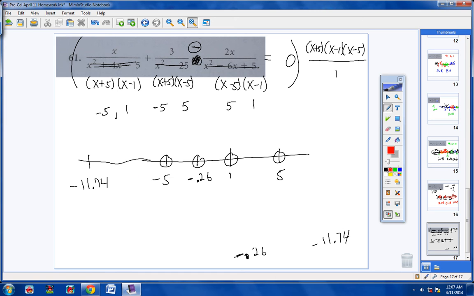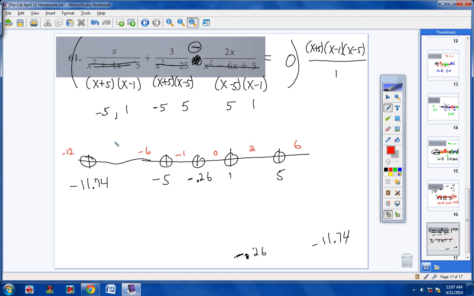All right, now I would test negative 12 for this region. I would test negative 6 for this region. I guess I should have put a circle right here. There we go. I would test negative 1 for this section here. I would test 0 for this section here, 2 for this region here, and 6 for this region here.